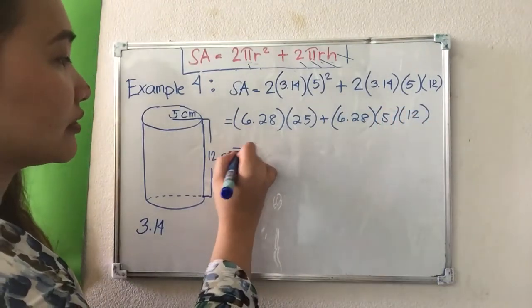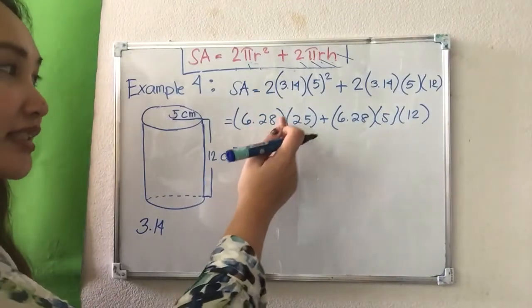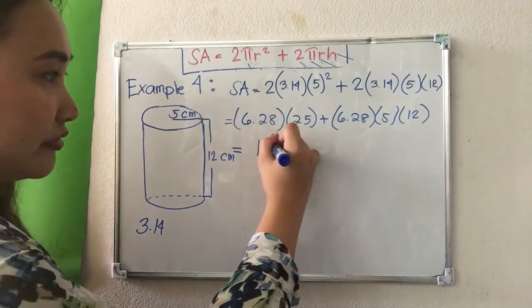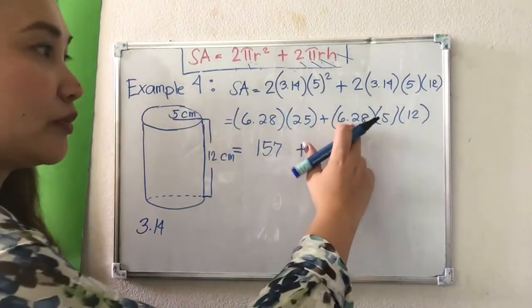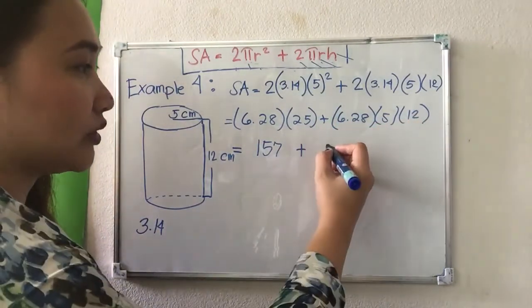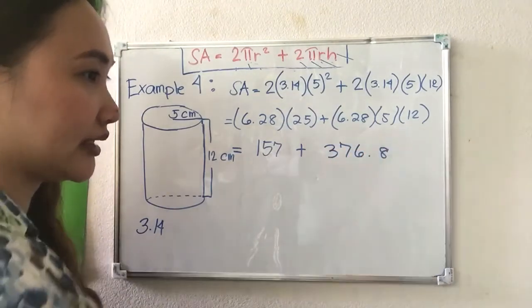Okay, simplify this one. 6.28 times 25 is equal to 157, plus 6.28 times 5 times 12, that is equal to 376.8.